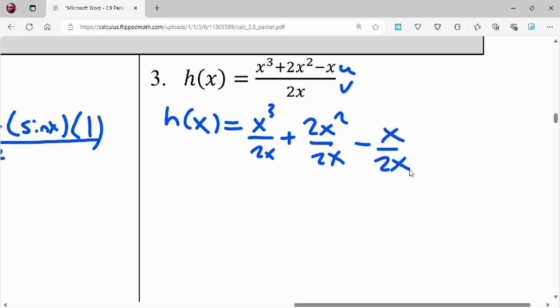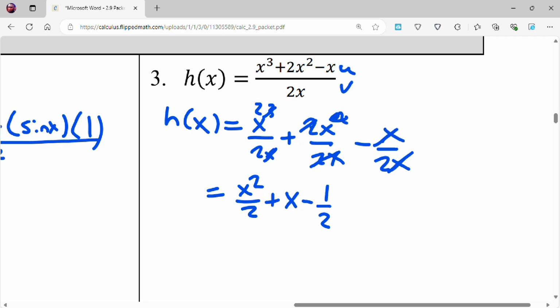Okay, x cubed over 2x becomes x squared over 2. 2x squared divided by 2x, all we're going to be left with is 1x in the numerator, so plus x. Then minus x over 2x, the x's cancel out, so minus 1/2.